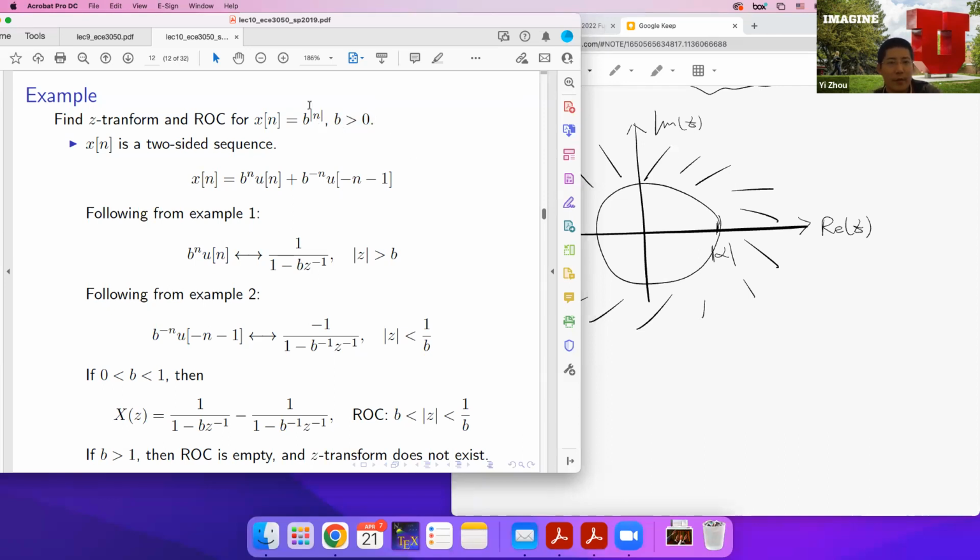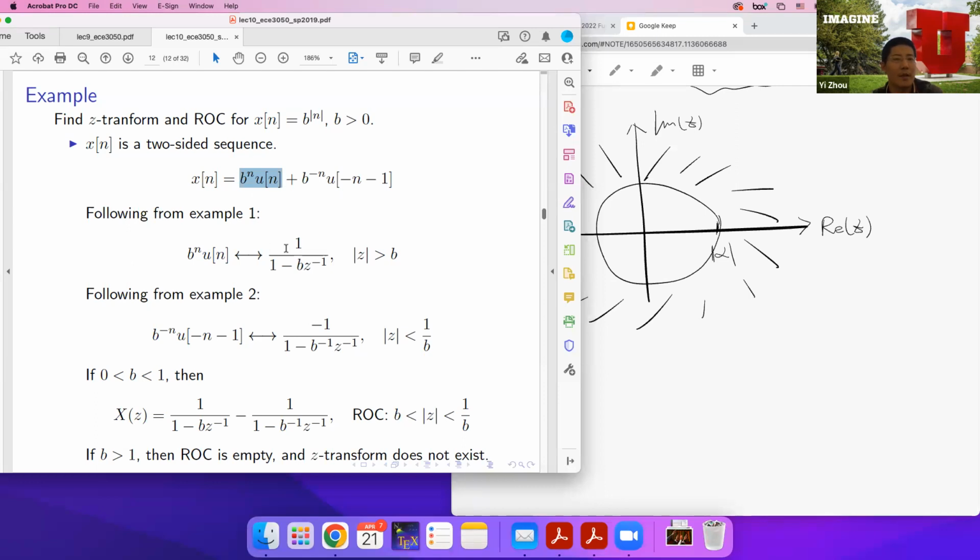Again, we can decompose this two-sided signal into a right-sided signal plus a left-sided signal, so that we can get rid of the absolute value of n in this exponential. Then for each of these signals, we can apply example 1 to obtain the corresponding Z transform.